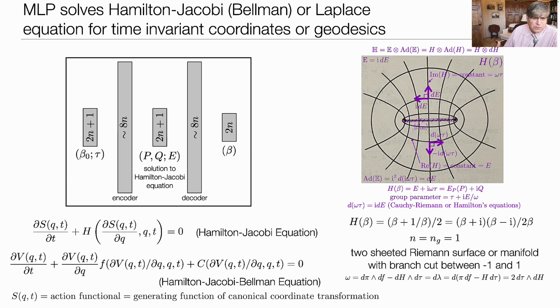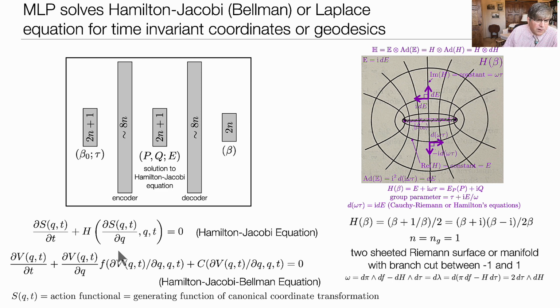And now let me go to the second part of this, where the MLP is approximating the solution of the Hamilton-Jacobi equation, or they also add Bellman to that with respect to control theory and deep reinforcement learning. This is nothing more than the Laplace equation for the time invariant coordinates of the geodesics. Well, let's take a look at the Hamilton-Jacobi equation.